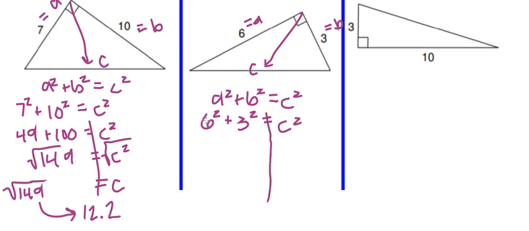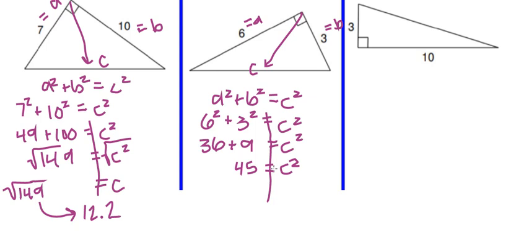So I'm going to solve my equation. 6 squared is 36 plus 3 squared is 9, and that's equal to C squared. Well, now I just have to do 36 plus 9, and that gives me that 45 is equal to c squared. But again, I don't want the value of c squared, I just want normal c.